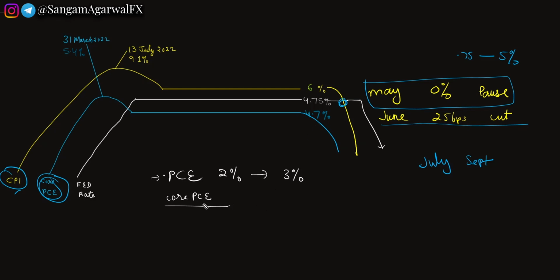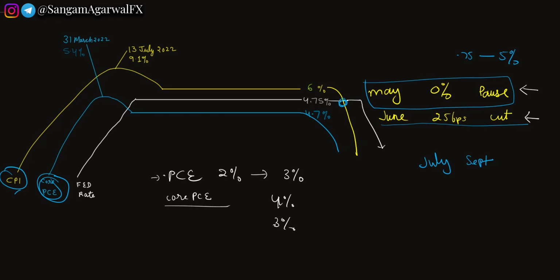So by the time the core PCE number hits 4% or less than 4%, that means 3%, then we can say rate cut is coming. So rate pause in the May FOMC meeting is reasonable, but a cut in the June FOMC meeting may be wrong.